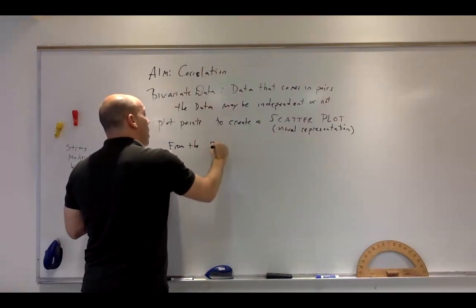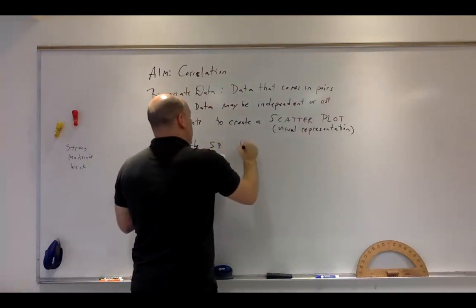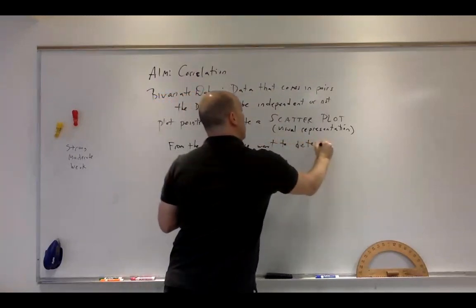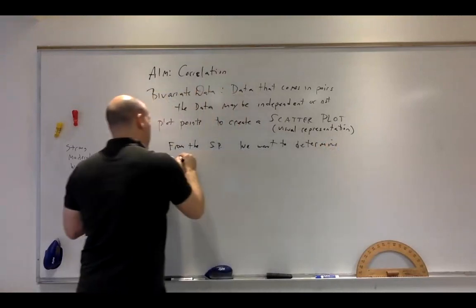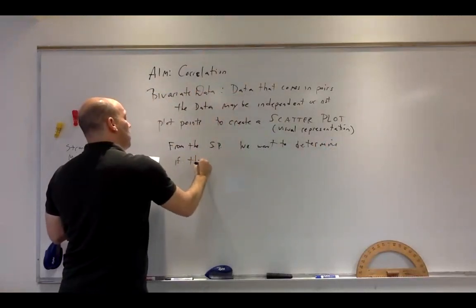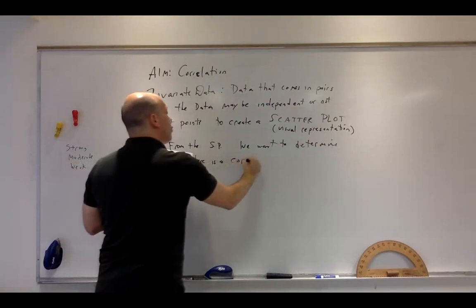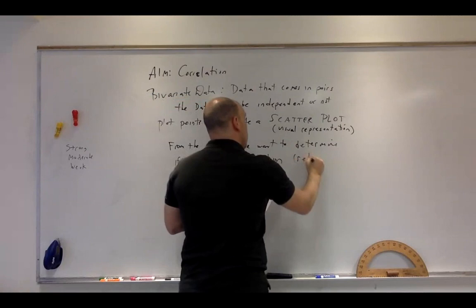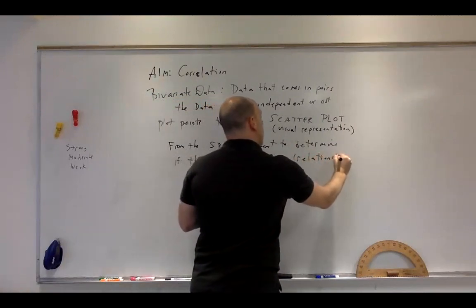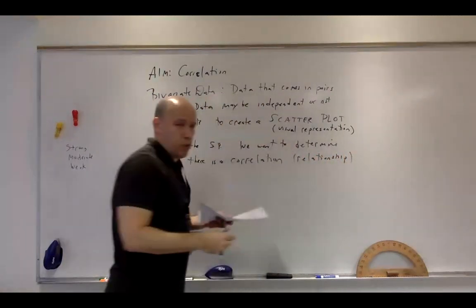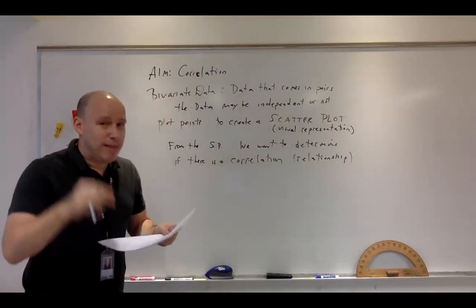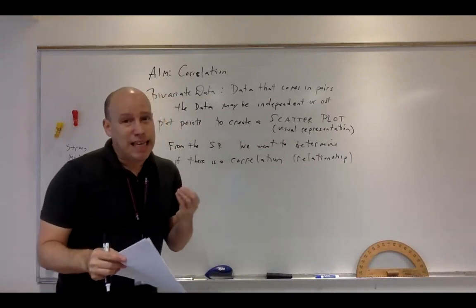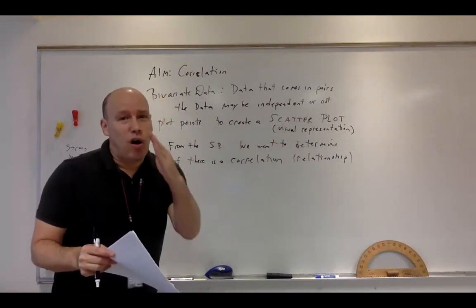From the scatter plot, we want to determine if there is a correlation or a relationship between the two variables. Now, in this class, we're going to say, oh, it's linear. The idea is it looks like you can kind of draw a line through it.